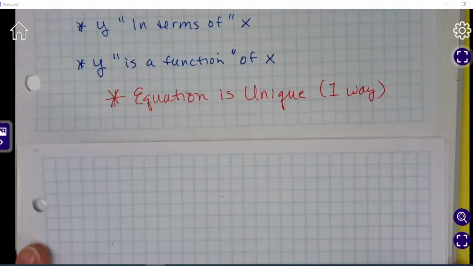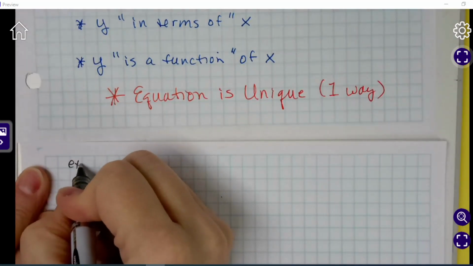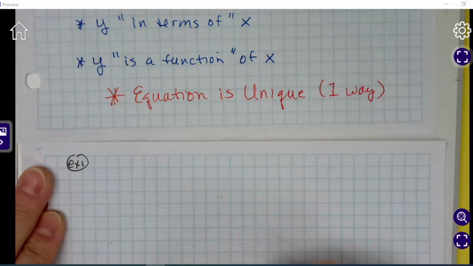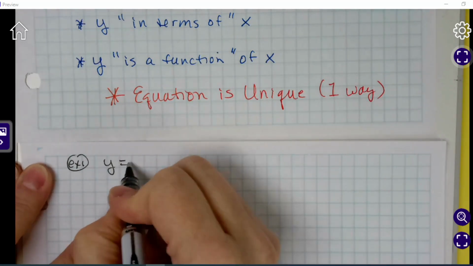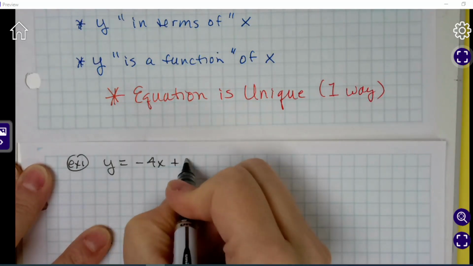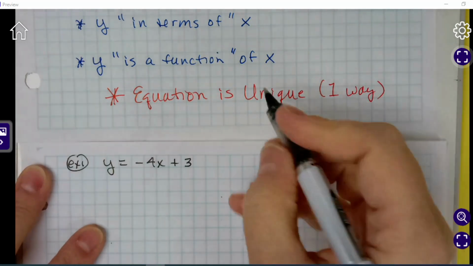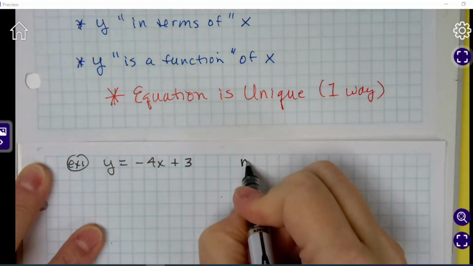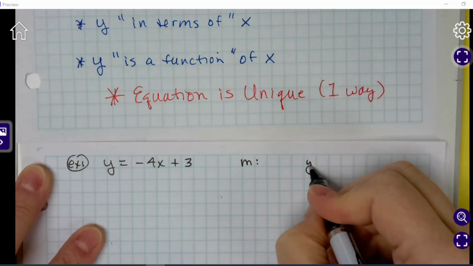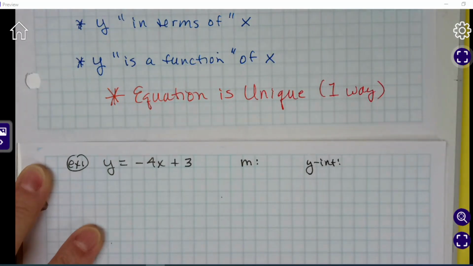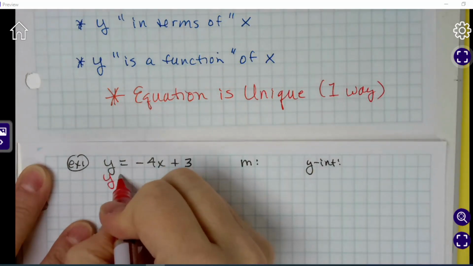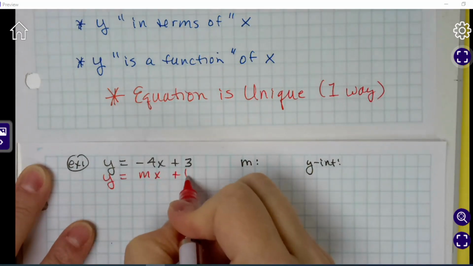Okay, example 1. y equals negative 4x plus 3. And they want you to find the slope, m, and the y-intercept. So the first couple problems on your homework are going to already be in the right form, which is y equals mx plus b.